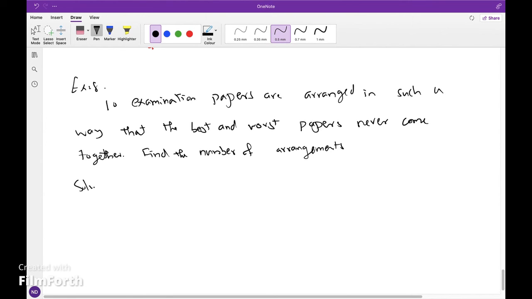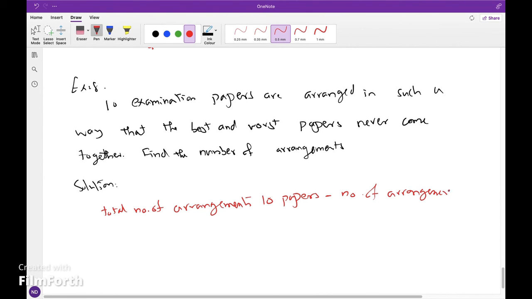Solution. As the number of arrangements such that the 2 best and worst papers can never be together, that means total number of arrangements of ten papers minus number of arrangements of best and worst paper together.